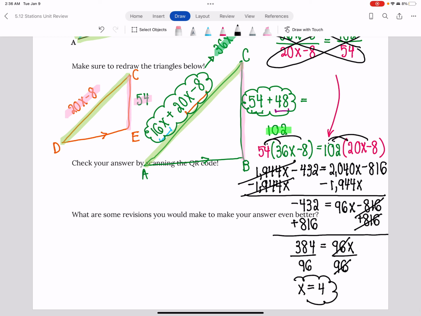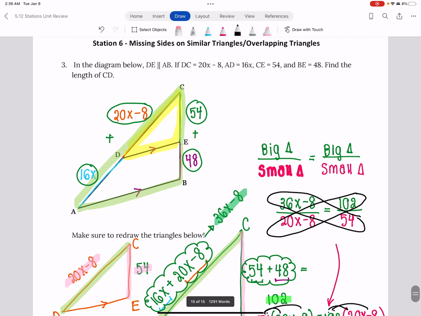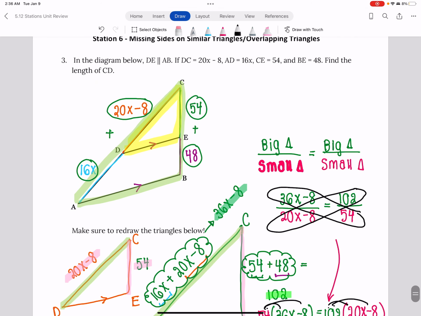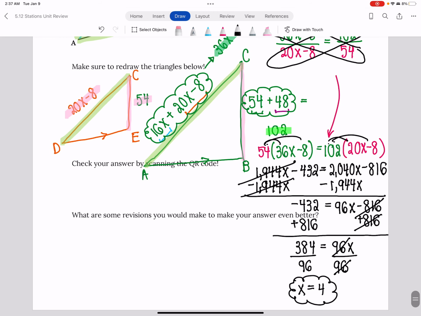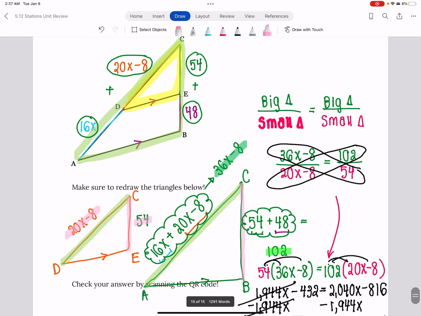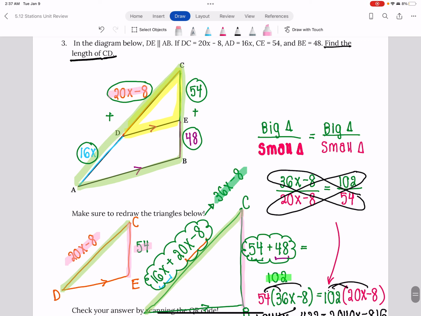Now remember that x is just a value. We didn't actually answer our question yet. The problem said to find the length of CD. So to find the length of CD, I need to then plug x equals 4 back into this expression over here, 20x minus 8.